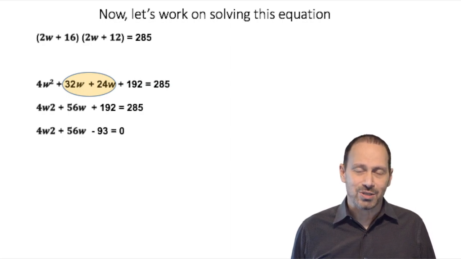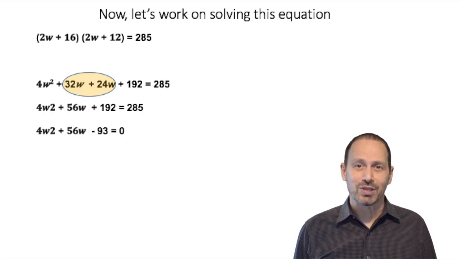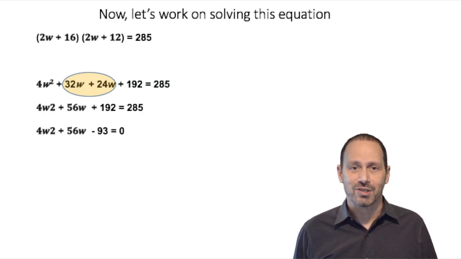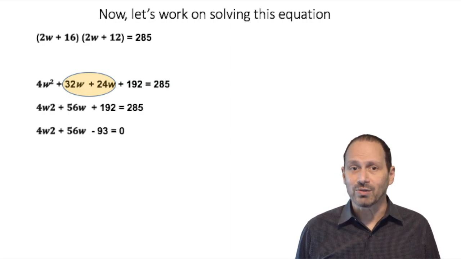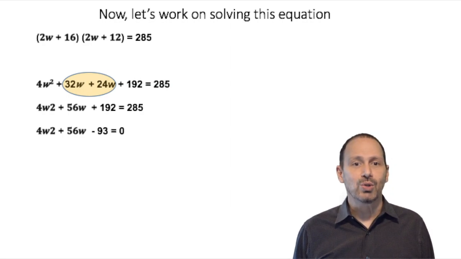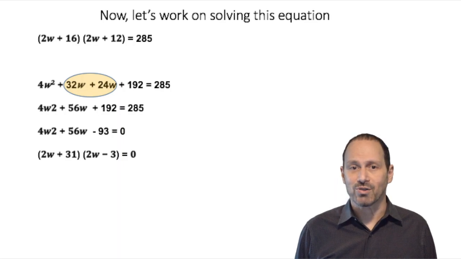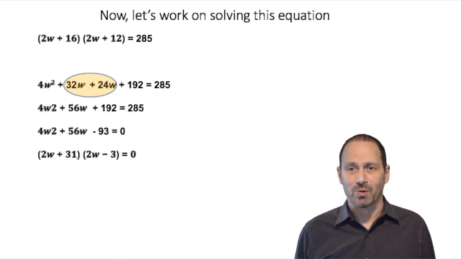The advantage of making the equation equal to 0 is that now we can factor the trinomial on the left. And when we factor this trinomial, we get 2W plus 31 multiplied by 2W minus 3 equal to 0.